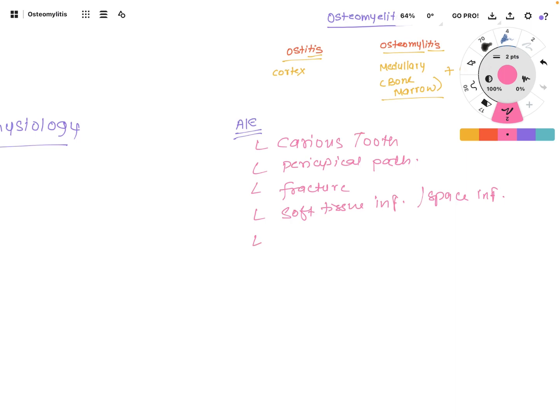Or you can have a decreased immune response. Maybe the patient is on steroids or immunosuppressive drugs because of a recent organ transplant, or there is bacteremia in the body, which is nowadays not common because of the abundant antibiotics available in the market, but it's still one of the main causes.